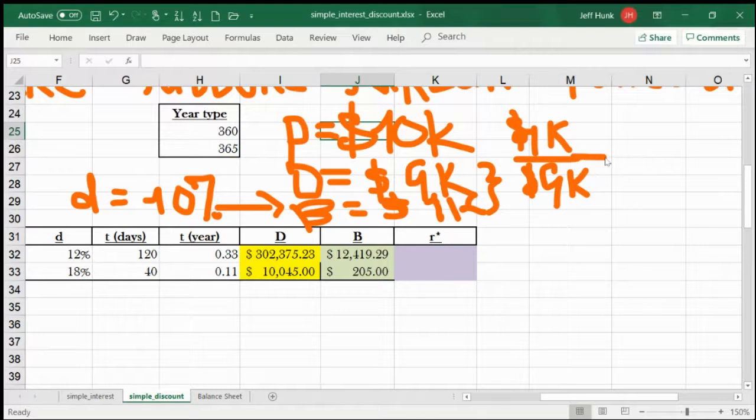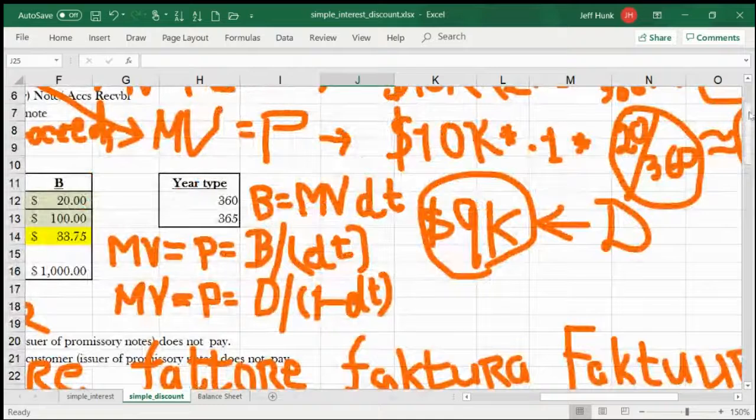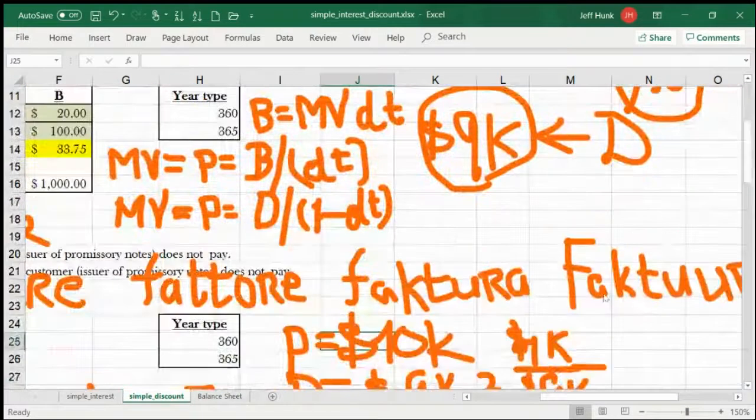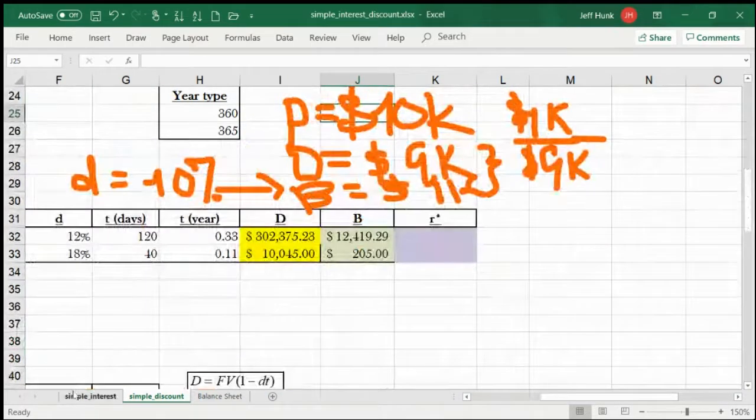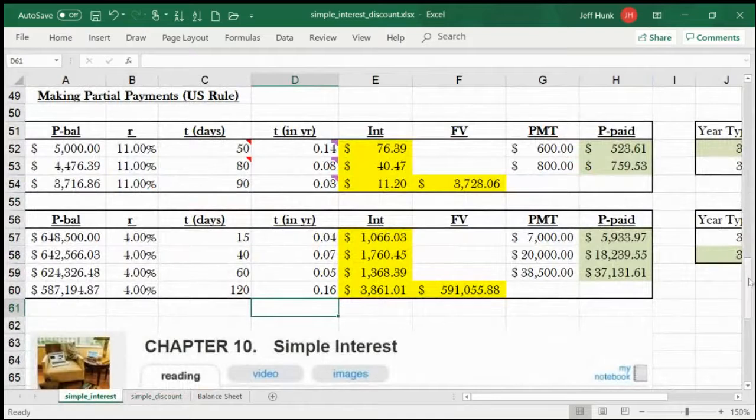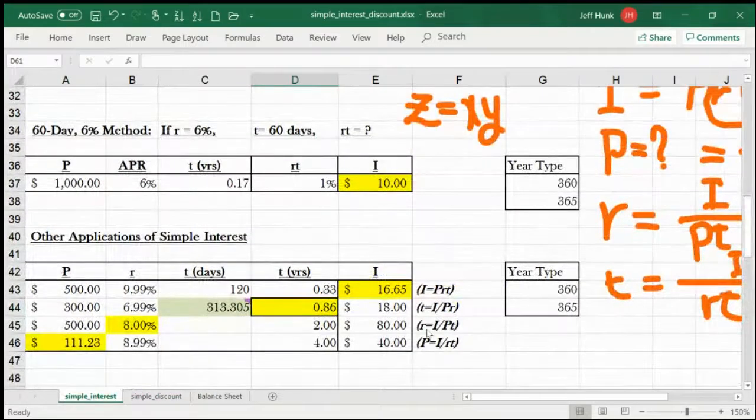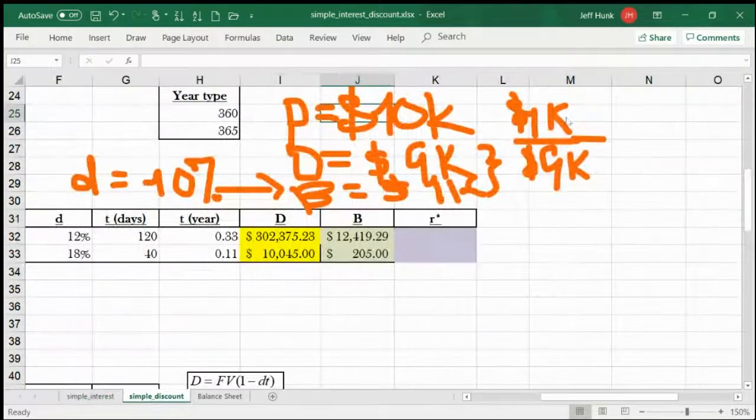for 1 year. You don't have to write 1 year here, but you remember the formula, right? If you want to find R, it's interest over P times T. So if you do that, this is the interest you paid, for borrowing 9,000 for 1 year.